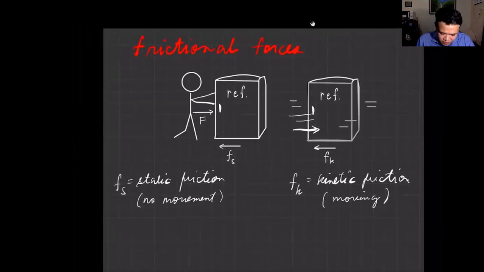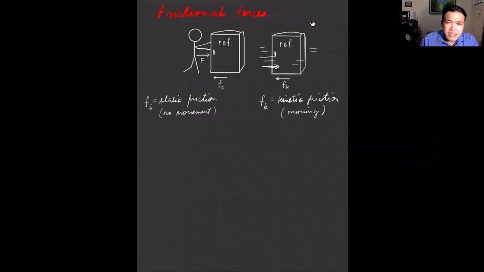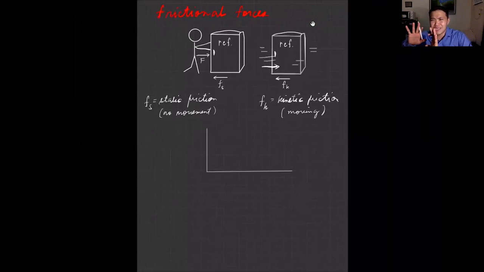Okay, so if you are going to graph these forces, the friction, let's graph it, something like this. You are applying a force, and you keep on increasing the force, and the friction seems to increase as well.